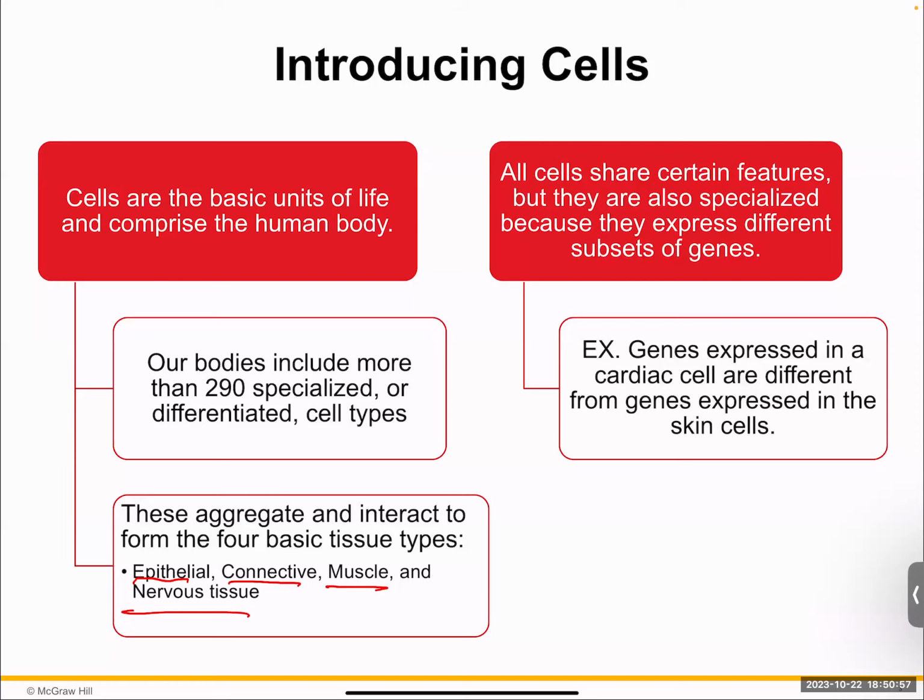For instance, if you have a cell located inside your heart, we refer to those as cardiac cells, and they have a very specific set of genes that they are going to express, basically make certain types of proteins. And if you compare the genes that are being expressed in your skin cells, you are looking at a different set of cells, a different set of proteins being produced and certain genes being expressed.